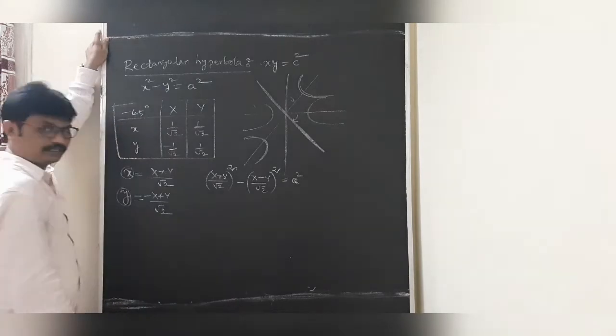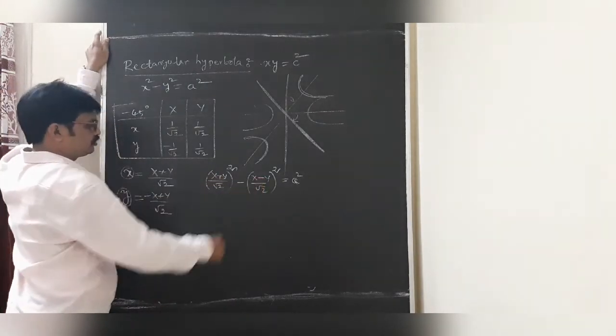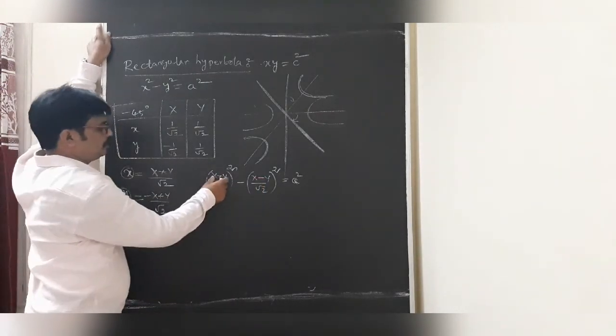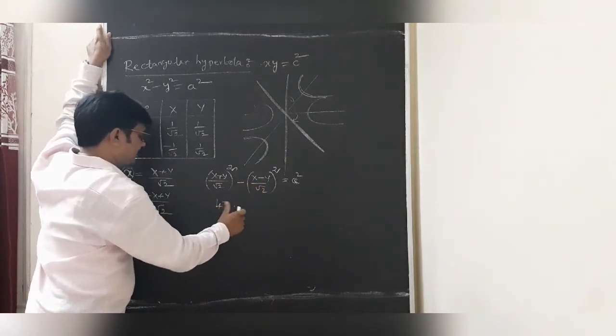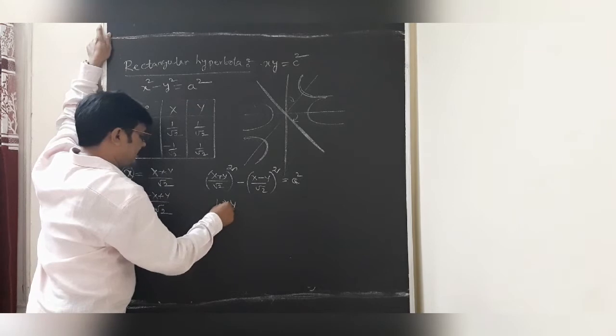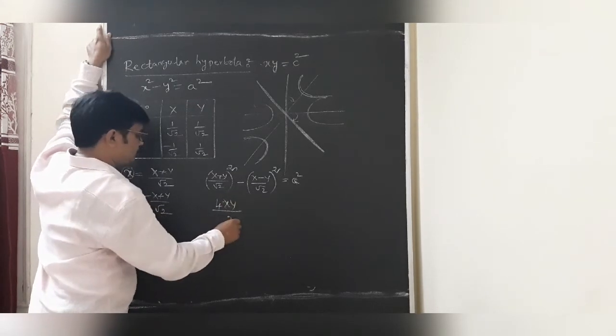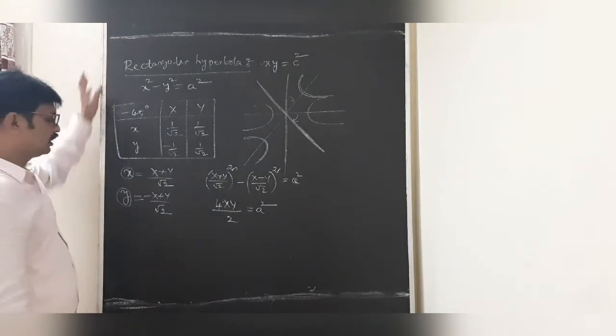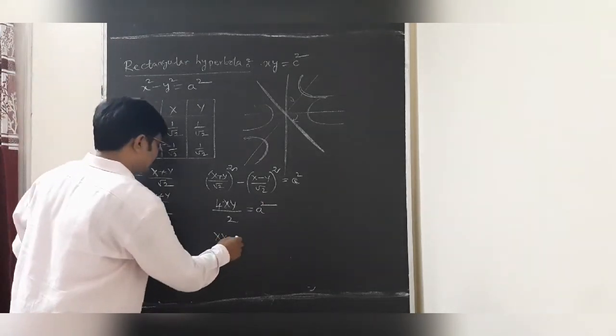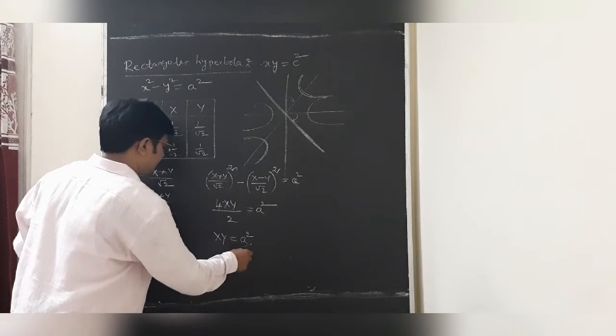Now a square, b square cancel, 2xy minus of minus 2xy gives 4xy, by 2 the LCM, equal to a square. So we got xy equal to a square by 2.